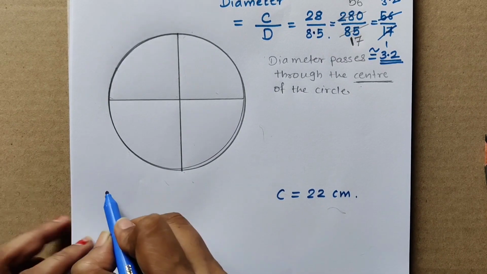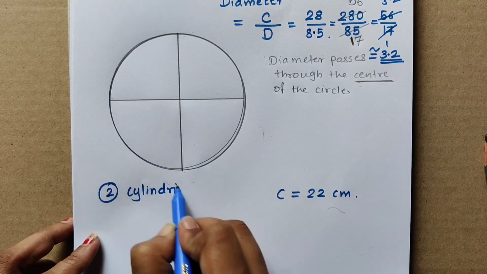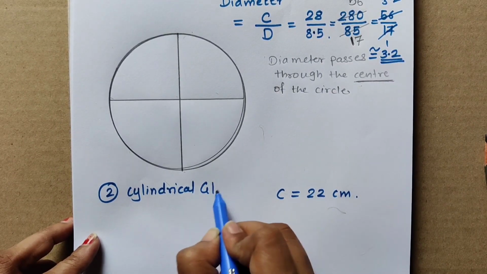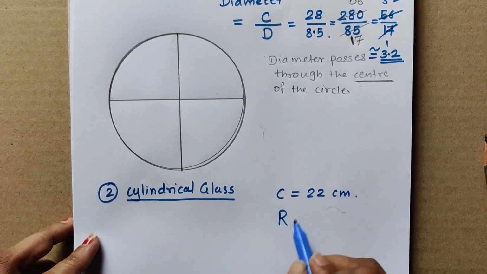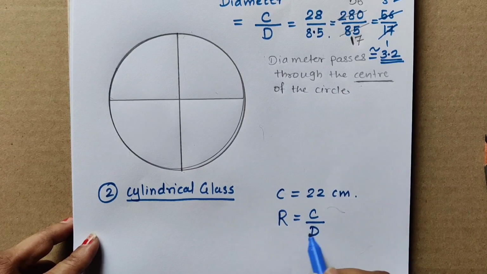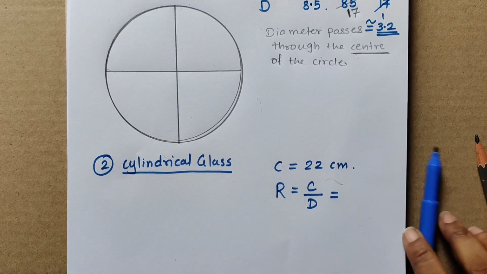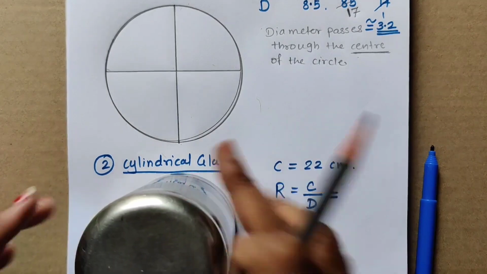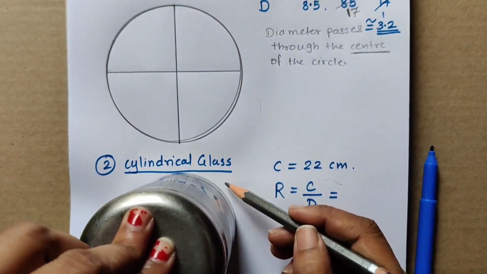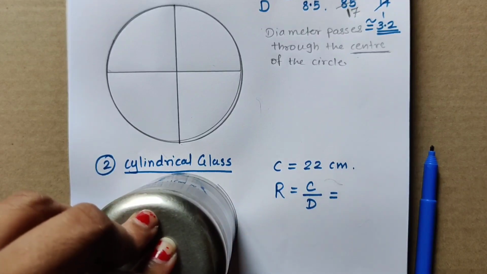This is a cylindrical glass which we are talking about. So in this glass again we will be finding the ratio of circumference upon diameter. So roughly again we will be finding out the length of diameter. Again I am saying roughly, not exact diameter, because for getting exact diameter we have to find the location of center of the circle. Now see, I will be drawing a circle over here.